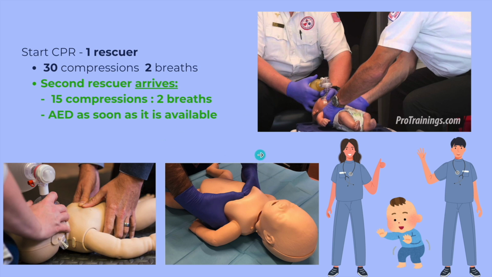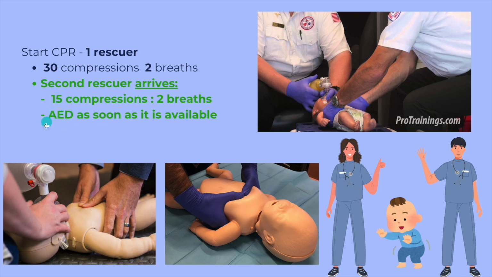And in the image, you can see how 2 providers, 2 rescuers, are working together. When the second rescuer returns, that rescuer gives breaths. They need to switch about every 2 minutes or earlier if needed, so that compressor fatigue does not reduce CPR quality. Use the AED as soon as it is available.